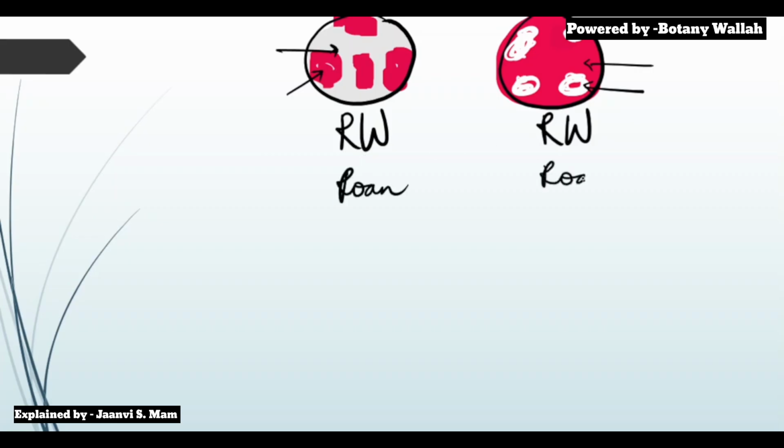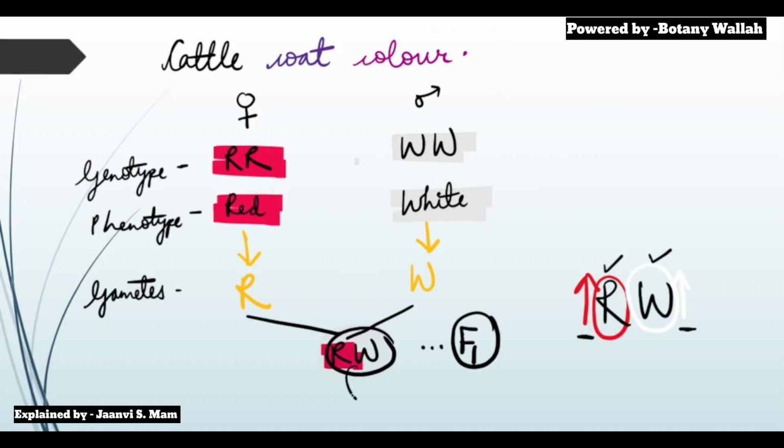Both of these are known as roan. And what happened? These two roans were crossed. Then you will have two gametes, capital R, capital W. Basically, what we are doing is selfing.